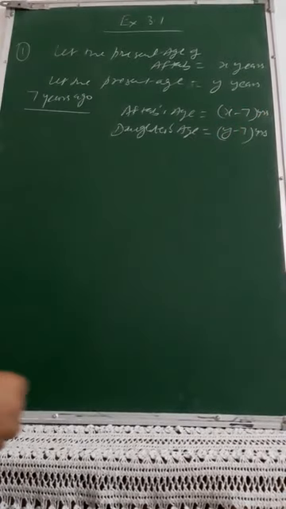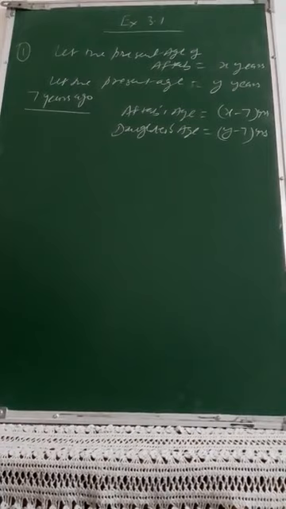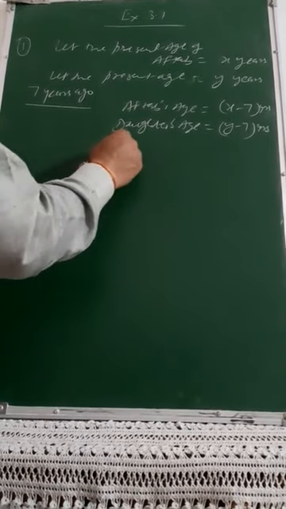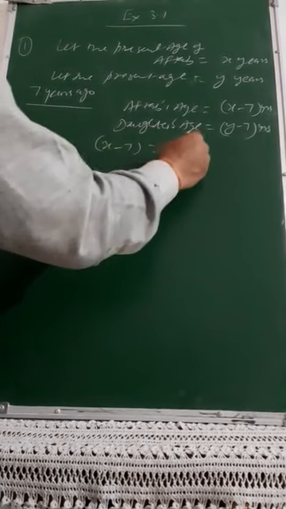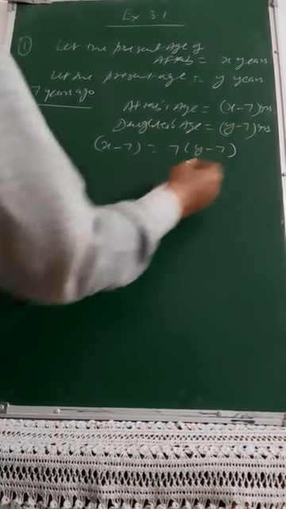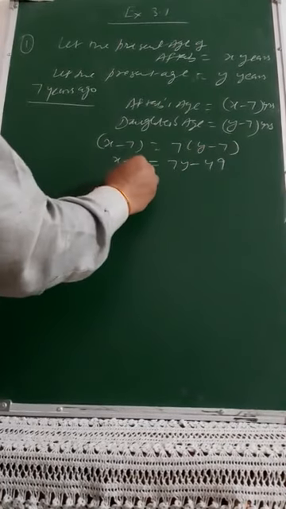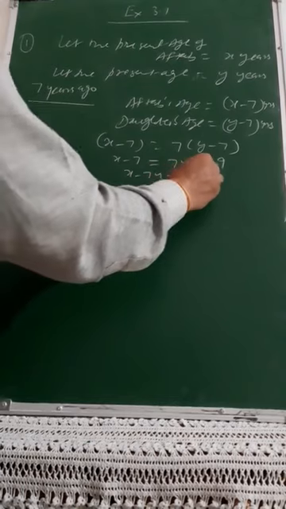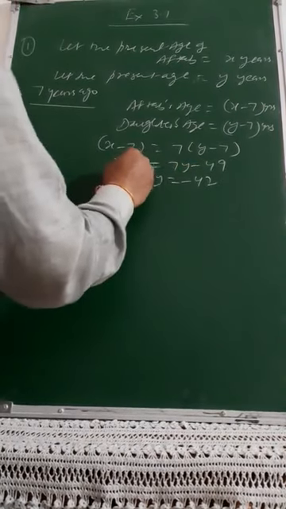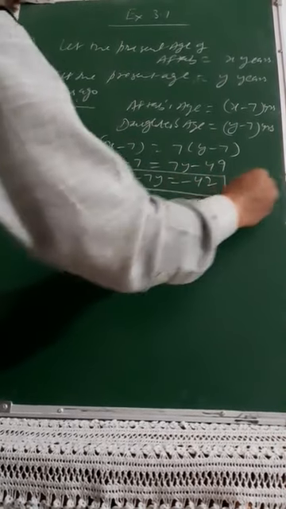And in your condition it is given that father will be 7 times of his daughter's age. So apply that. x minus 7 is equal to 7 into y minus 7, and this is going to get you your equation number 1, that is 49. So x minus 7y is equal to minus 42 is your equation number 1.